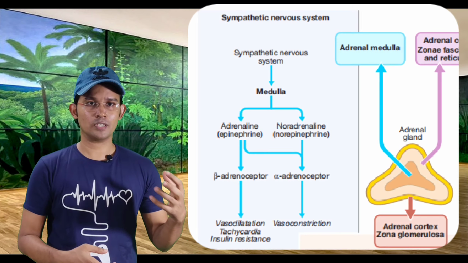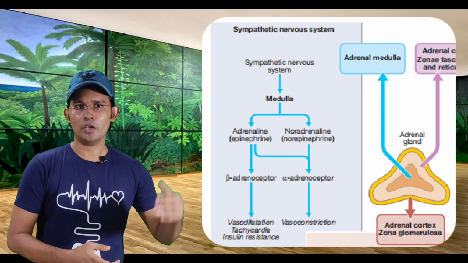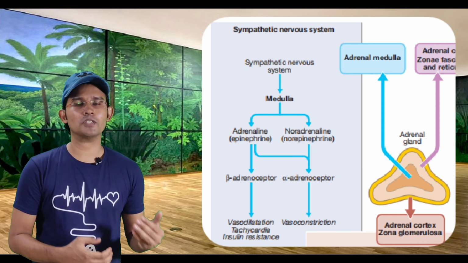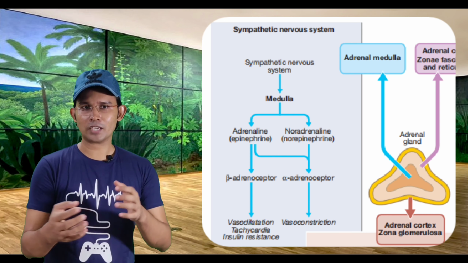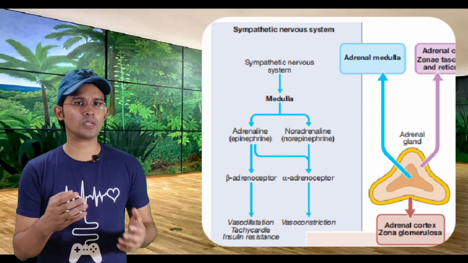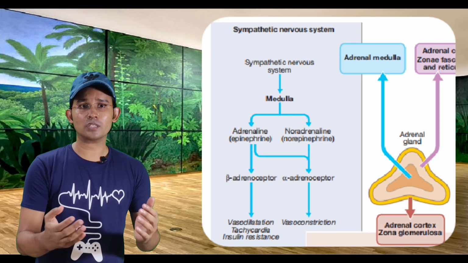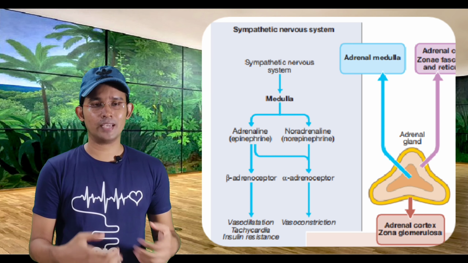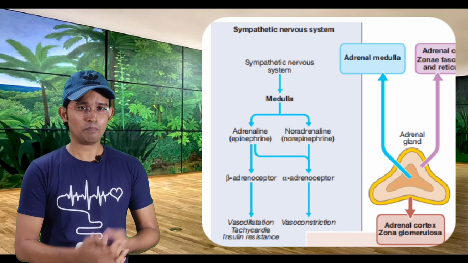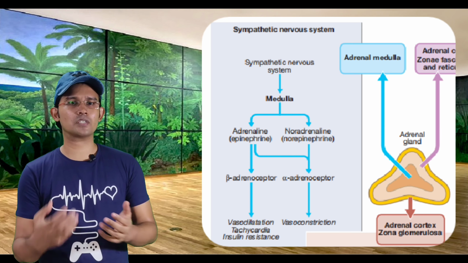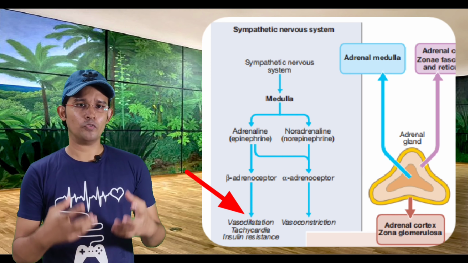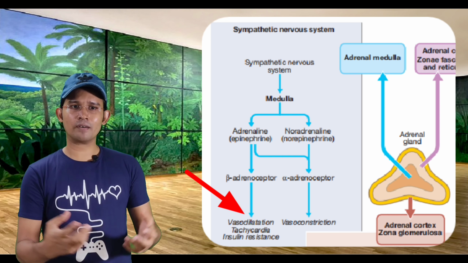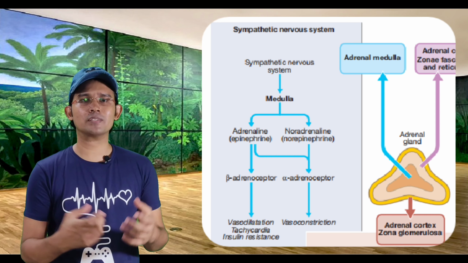Now think about the sympathetic nervous system. If the sympathetic nervous system is stimulated, it goes to the adrenal medulla and secretes adrenaline and noradrenaline. Adrenaline stimulates the beta receptor, but noradrenaline stimulates the alpha receptor. The beta receptor causes vasodilatation, tachycardia, and insulin resistance.